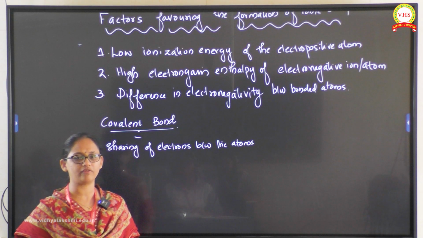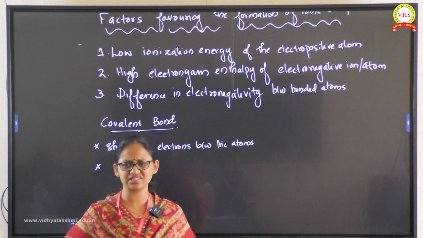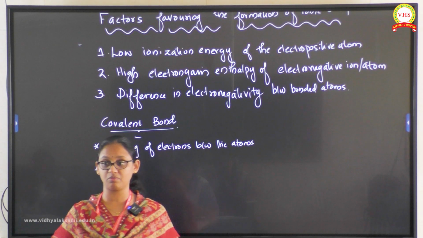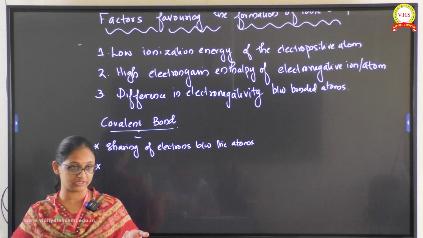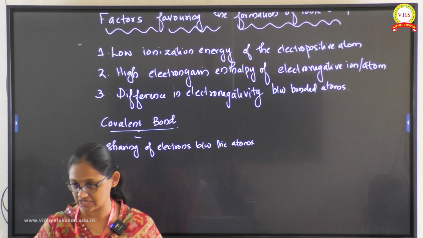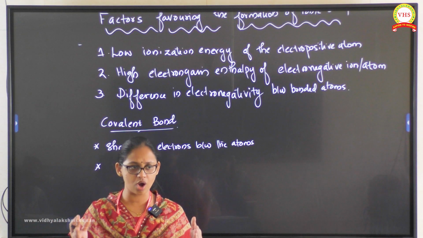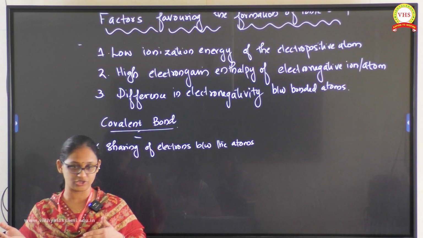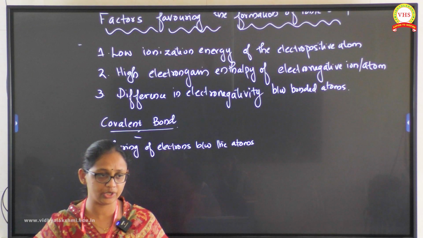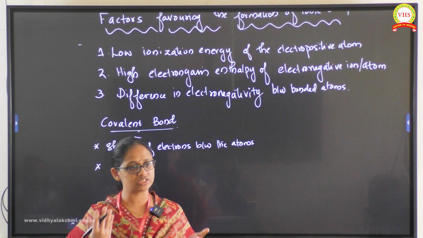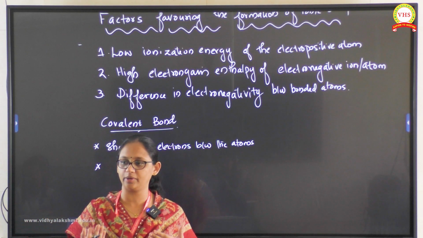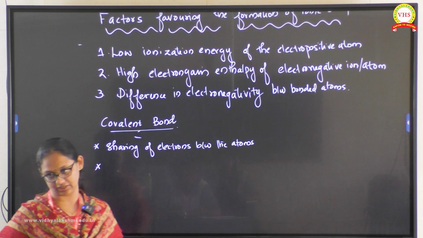In covalent bond formation, there are no ions formed. In the case of ionic bond, ions are formed: a positively charged ion and a negatively charged ion. Here there is no cation and anion. There is no charged species, meaning the covalent bond is formed by neutral atoms.